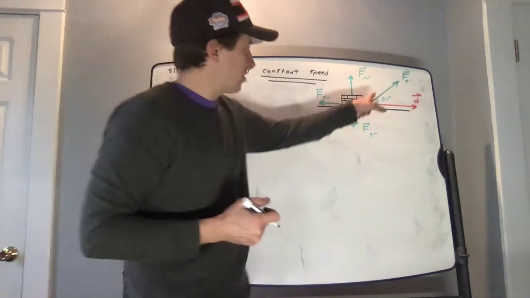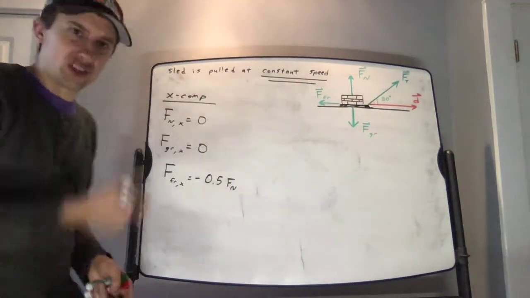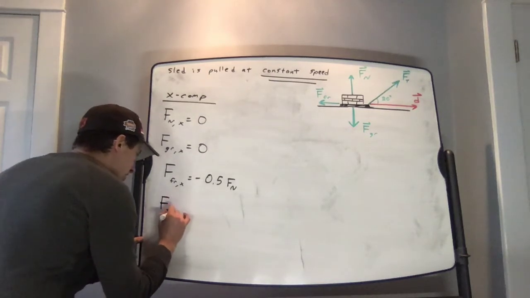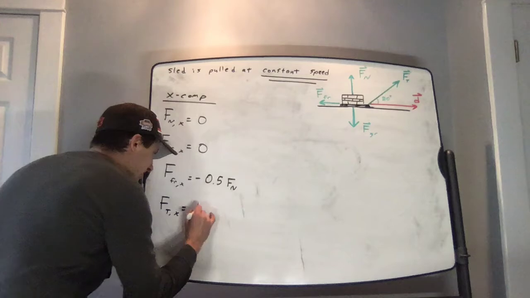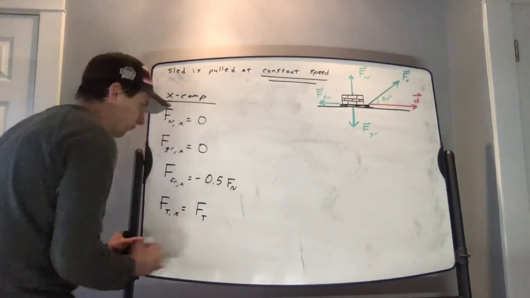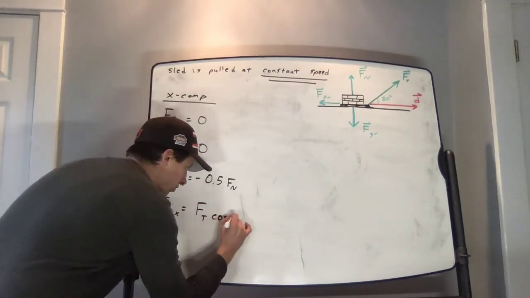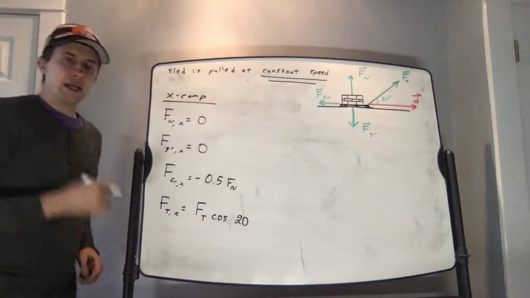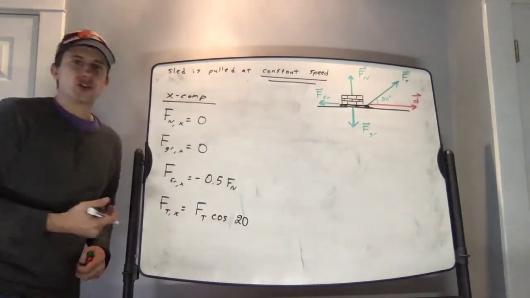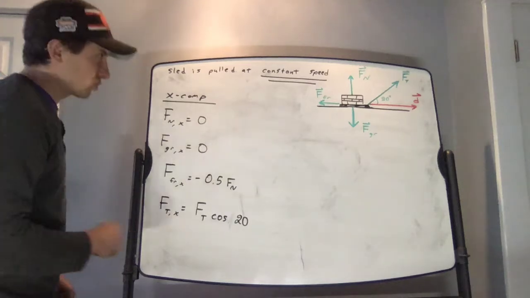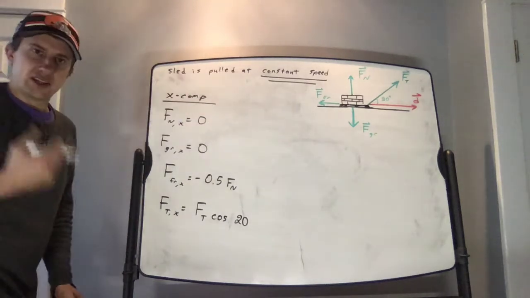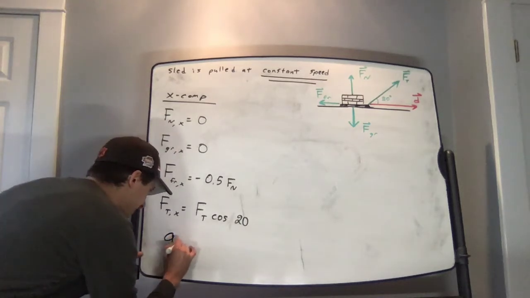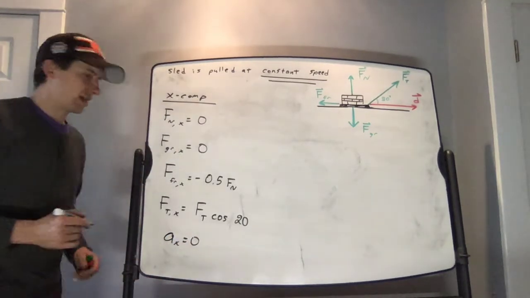I do not know what the strength of the tension force itself is, but I can write the force of tension in the x direction as the total strength of the tension force times the cosine of 20 degrees. And we also do know the acceleration in the x direction. Because our object is moving with a constant velocity, I can say a_x is equal to 0.